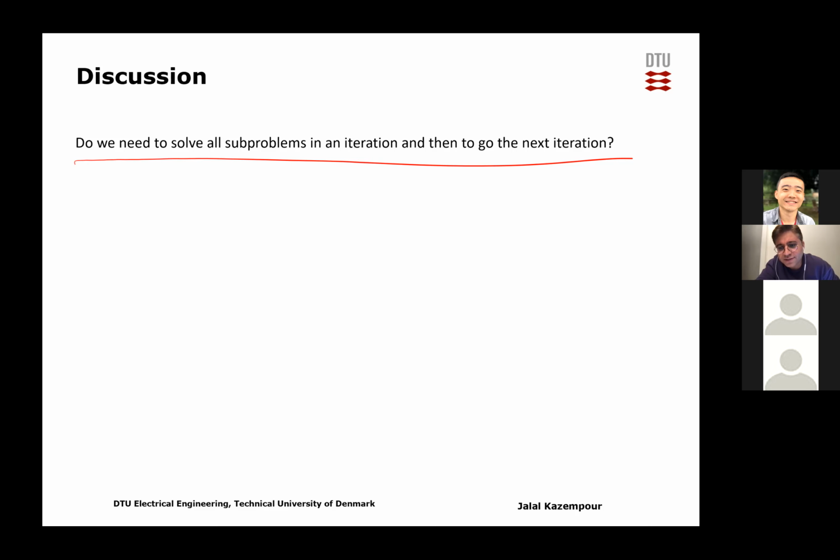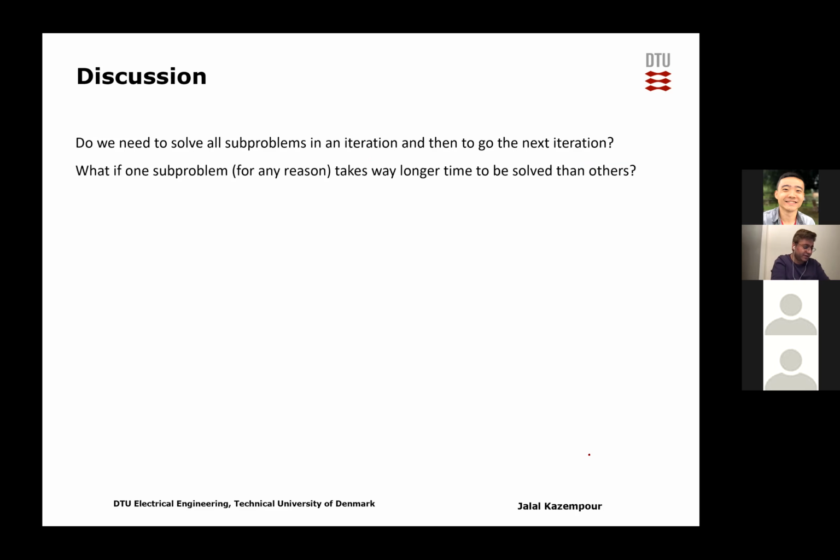Direct says it might converge faster, but no. In the way I explained ADM, yes, we need to solve all subproblems in each iteration, and then we can go to the next iteration. But what happens if one subproblem, for any reason, maybe the corresponding core is not working, or any computational issues in HPCs or whatever.